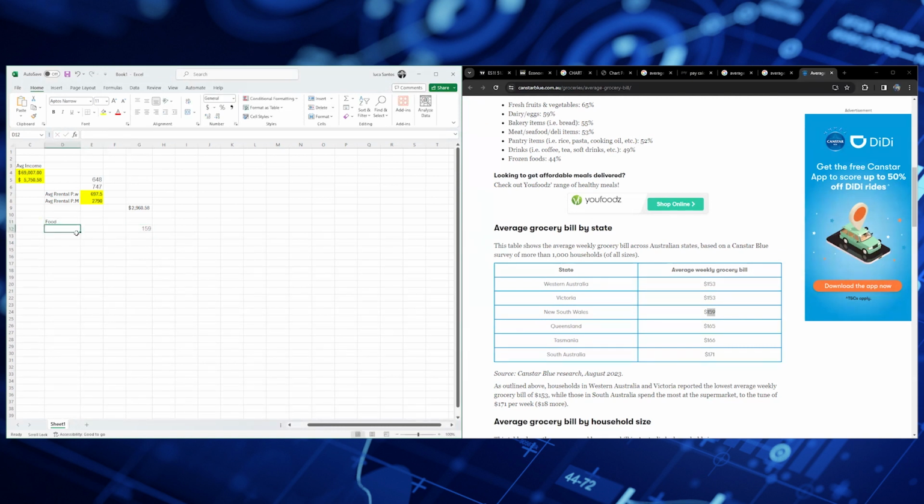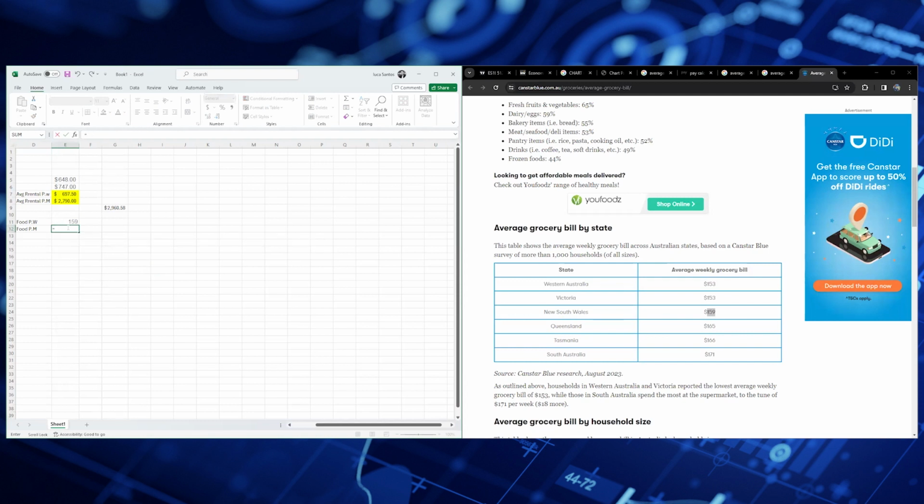for food. Let's take it easy, $159, only twice a month. Let's say you do twice a month. Why are my things not actually working?